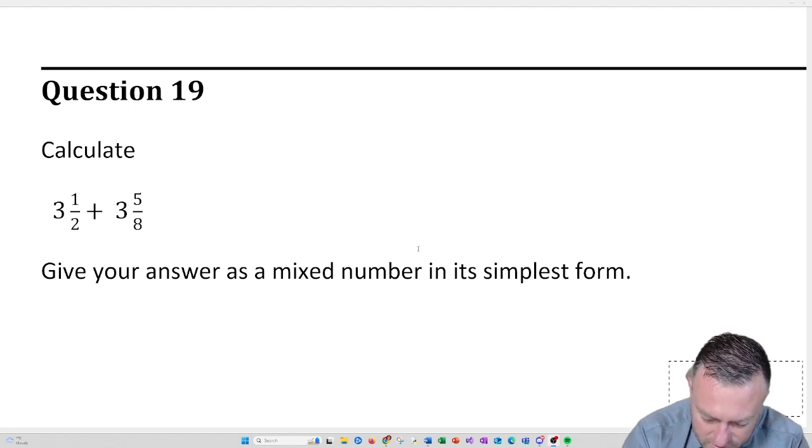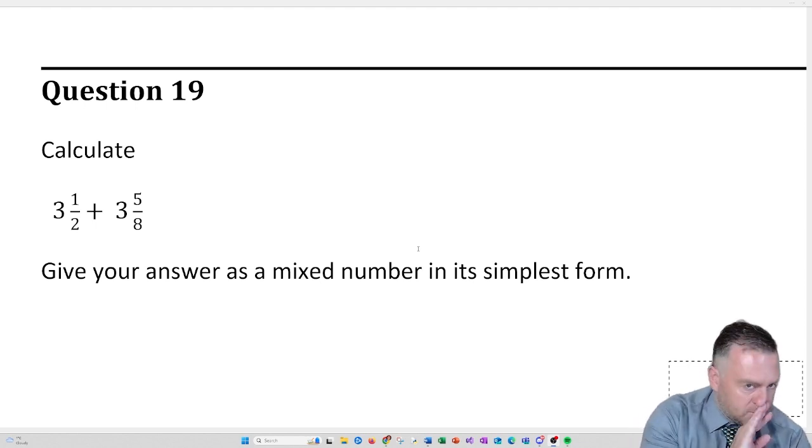So we get 6 plus a half plus 5/8. That way we don't have to do a mixed number for those, which makes your life 10 times easier. I'm going to put it all over 8. Times that by 4, so we get 4/8 plus 5/8. So then we get 6 plus 9/8, which equals 7 and an 8th.